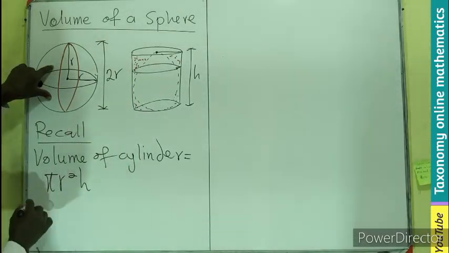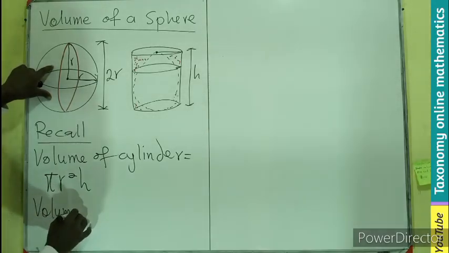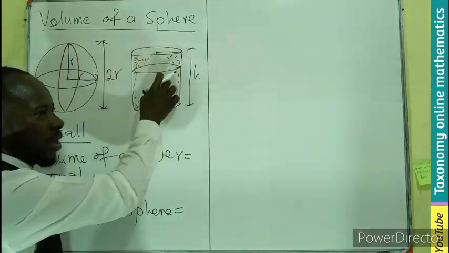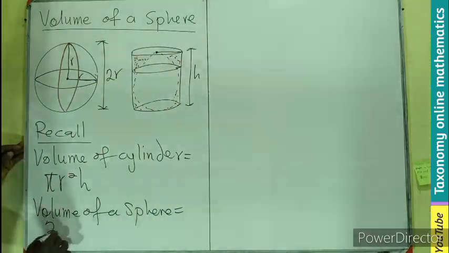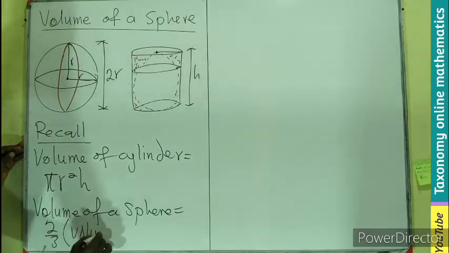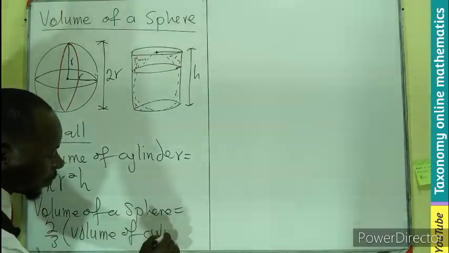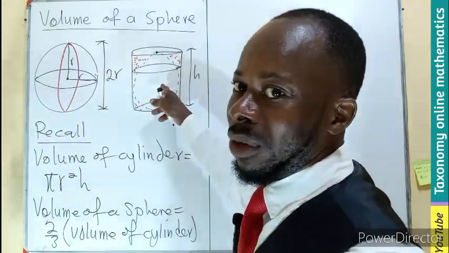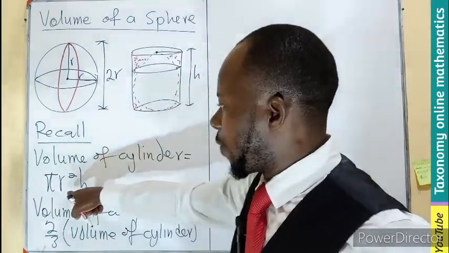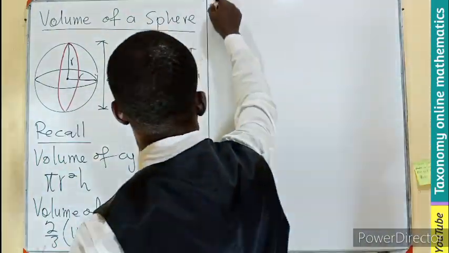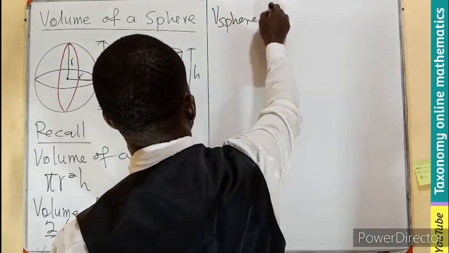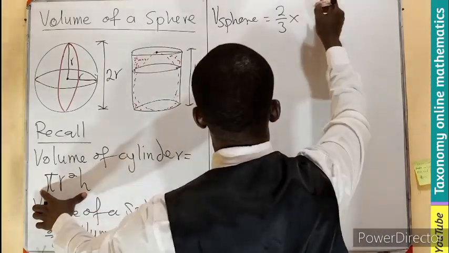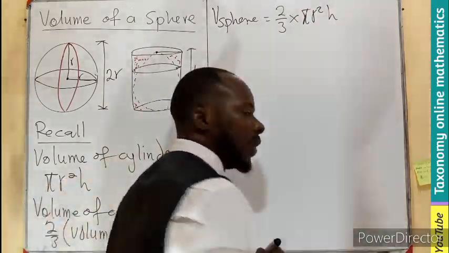Bringing that connection to this, the volume of a sphere, which we are saying forms 2/3 of the volume of the cylinder if you transfer the water into it, is going to be 2/3 times the known volume of a cylinder, which is pi r squared h.